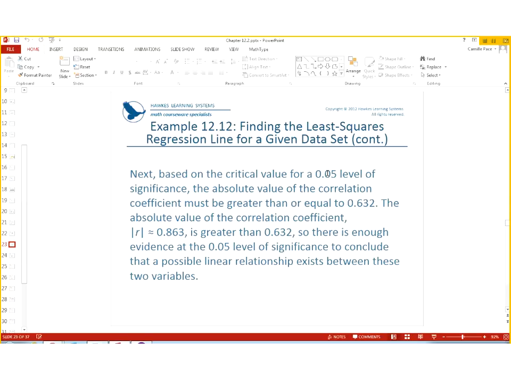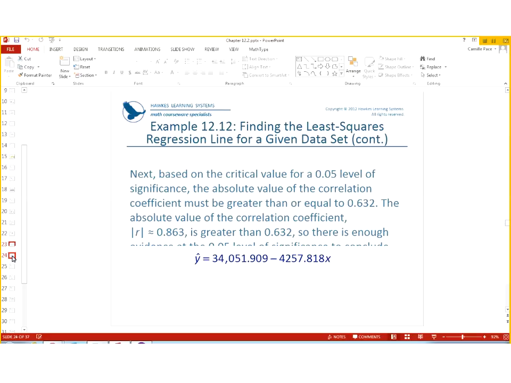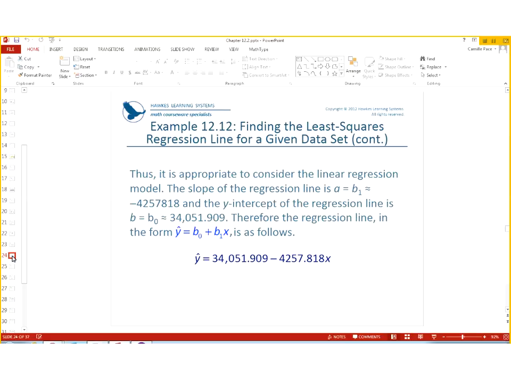If you look in the book, you find a critical correlation coefficient of 0.632. If we take the absolute value of r and get 0.863, that's greater than 0.632. So that's enough evidence at the 0.05 level to conclude there could possibly be a linear relationship between these two variables. Then we can write the regression line.